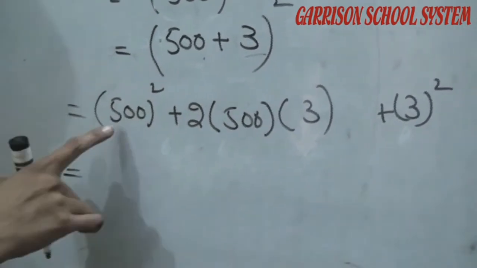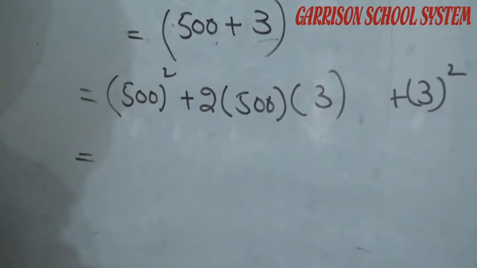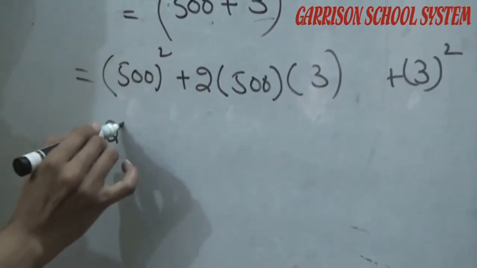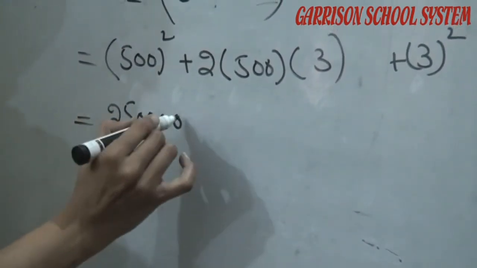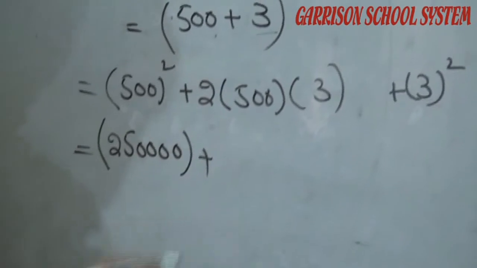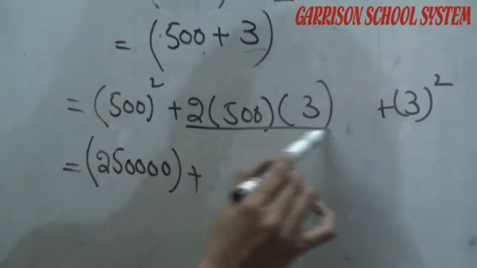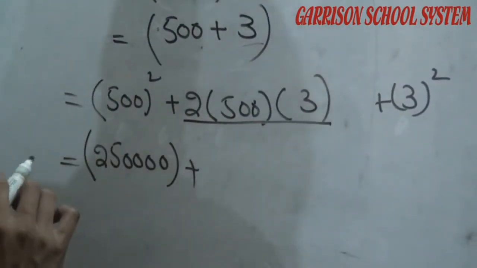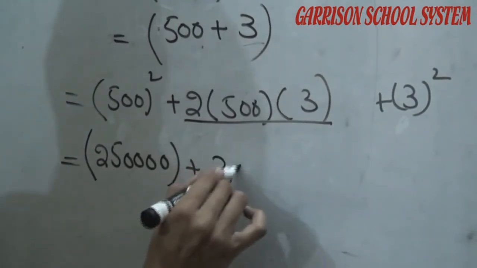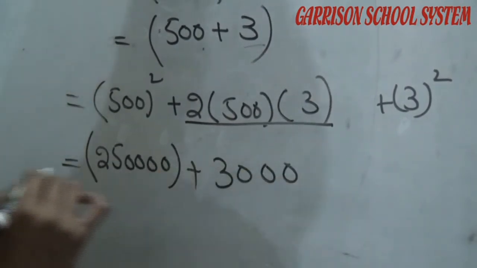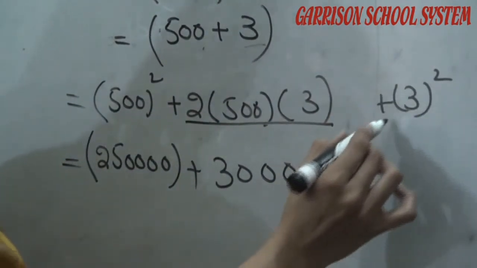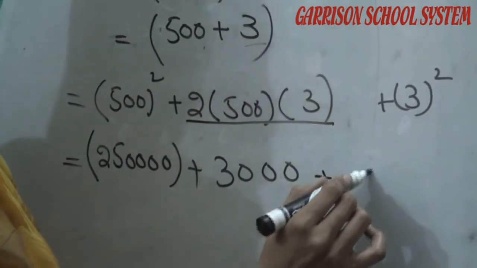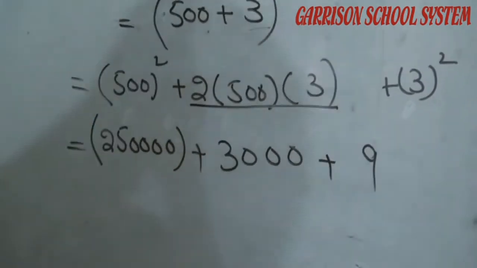Now I will open it. 500 square, 500 square means 250,000, plus, when I will multiply these three terms, it will produce 3000, and when I will take the square of 3, it will produce 9.